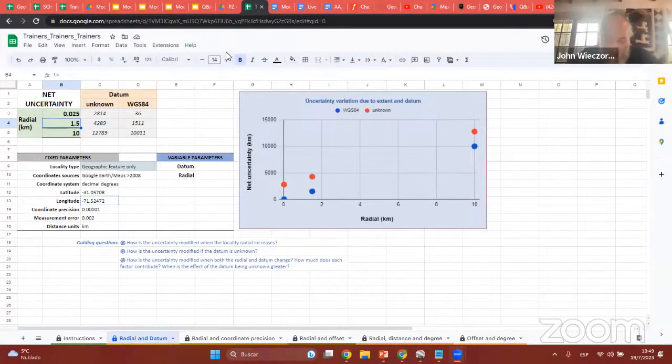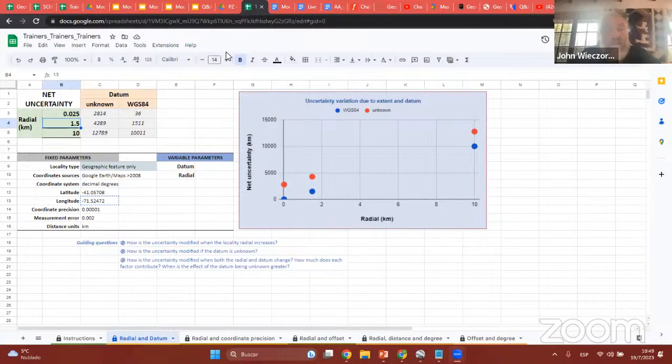As I understand it, the question was, how can you minimize the error due to the datum? And the answer is, you cannot. You have to use what you know. And what you know has an associated uncertainty. What do I mean by that? Suppose we're given a locality description that has coordinates in it and does not say the datum.